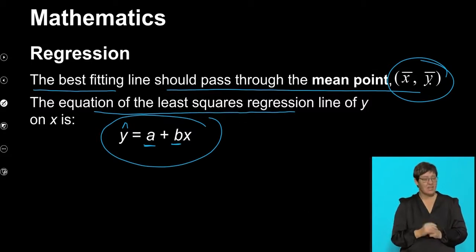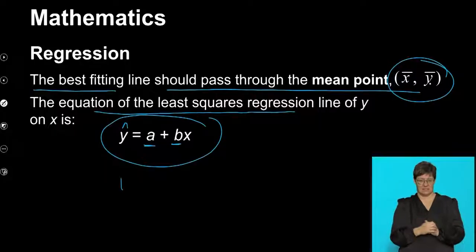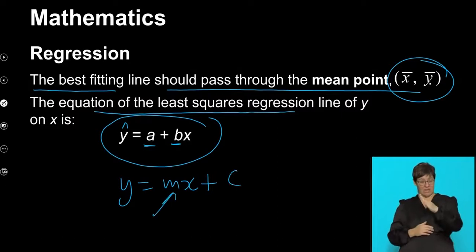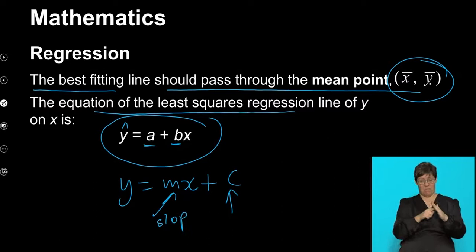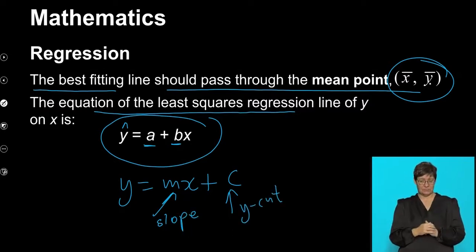Are we all together? You know that the equation of a straight line, you're probably used to y equals mx plus c, which is similar, where m is the gradient, the slope, and c is the y cut, or y intercept.